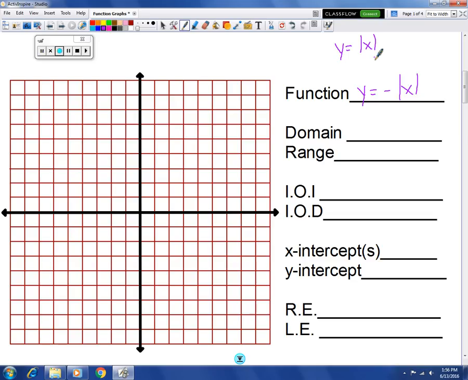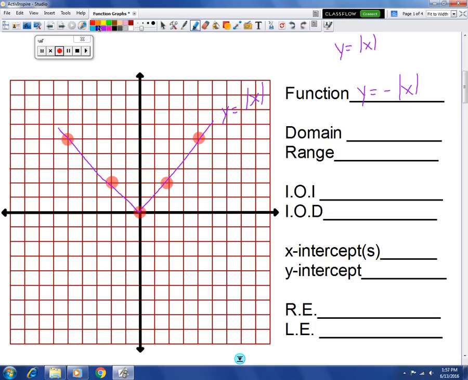So here's a couple points on the absolute value graph. You just simply go through the diagonals. The graph of positive absolute value of x would look like that. The negative would be reflected across the x-axis.